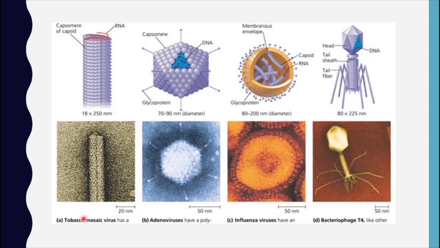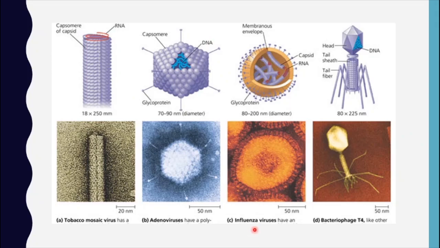The tobacco mosaic virus has a rod shape and a capsid outside. The adenovirus has a polygon shape with glycoprotein spikes on each side, and the structure surrounding the DNA is called the capsomere.